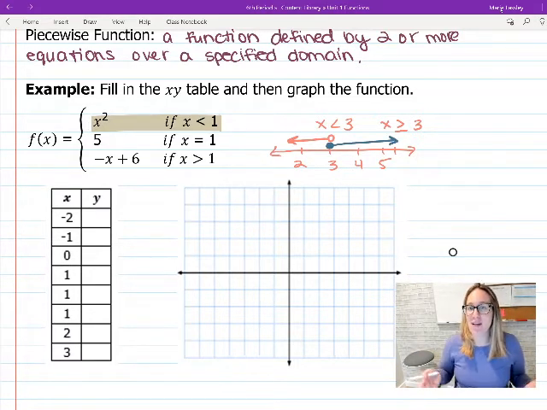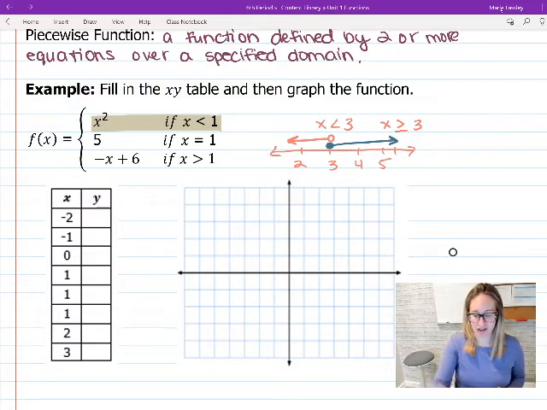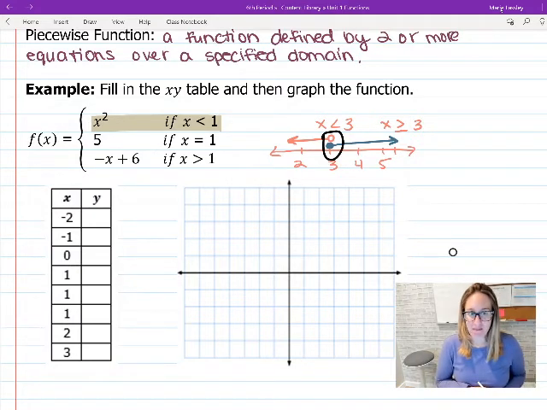I know that was probably calling on some information you did a really long time ago, graphing inequalities. But that's a very similar technique that we're going to use. The thing to focus on right here is this part. When x is 3, how do you represent that? If it's x is less than 3, we use an open dot.